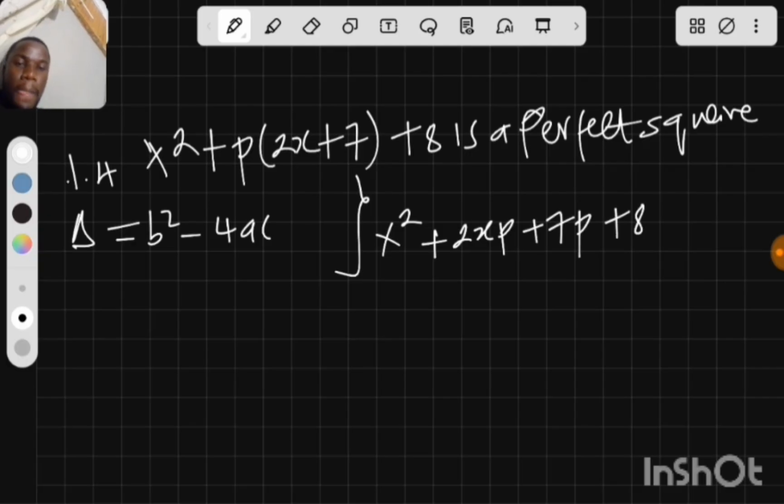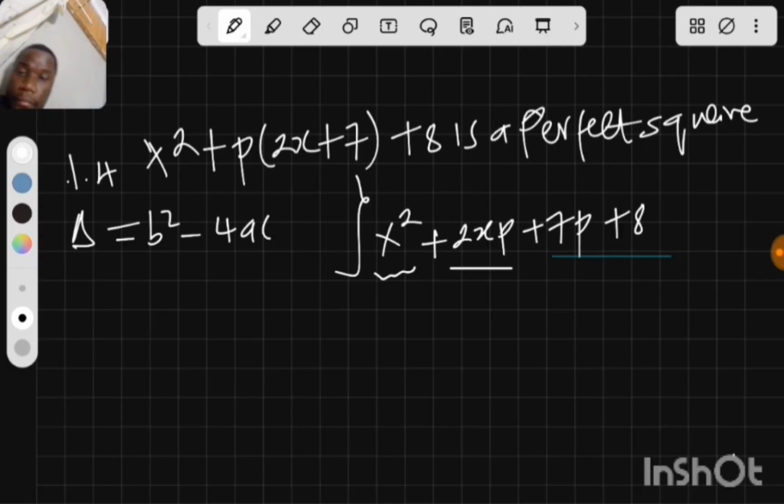I hope you understand. Where x squared will be our a, and 2xp will be our b, and the whole 7p plus 8 will be our c. I hope you understand.